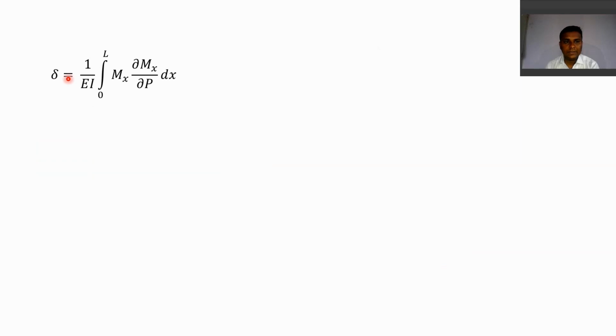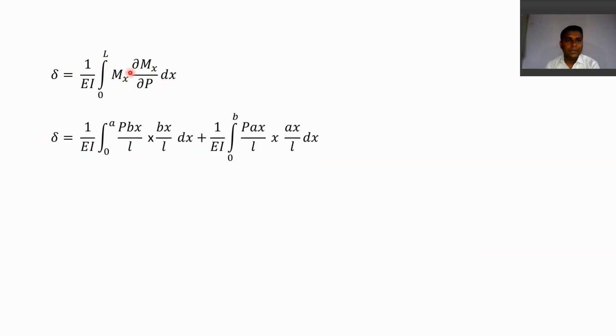As we know, delta is equal to 1 upon EI, integration from 0 to L, Mx into delta Mx by delta P with respect to dx, which is Castigliano's second theorem. When we apply this equation for these two parts, the first part has integration from 0 to a. We put the value of Mx and the value of delta Mx by delta P with respect to dx, and as EI is constant here, we can take it outside, plus 1 upon EI.